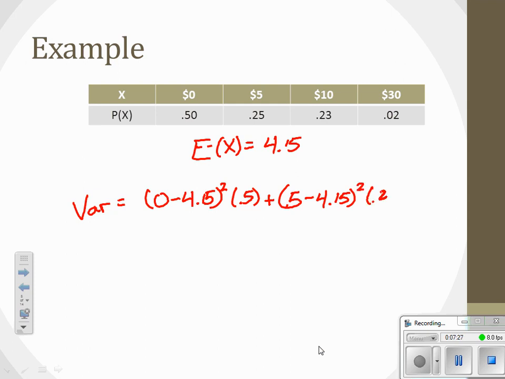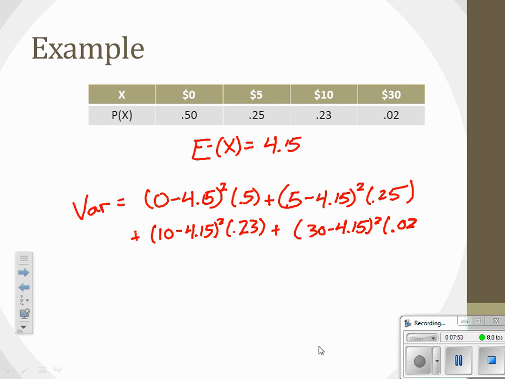Square that times 0.25. And then we get the distance that $10 is from the mean times its probability. Excuse me. Let me clean that up just a little bit. 0.23. And then we add in how far 30 is from the mean. We square it, and we multiply that by 0.02. That'll give us the variance.